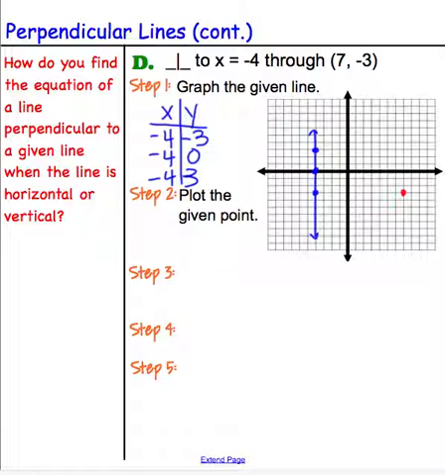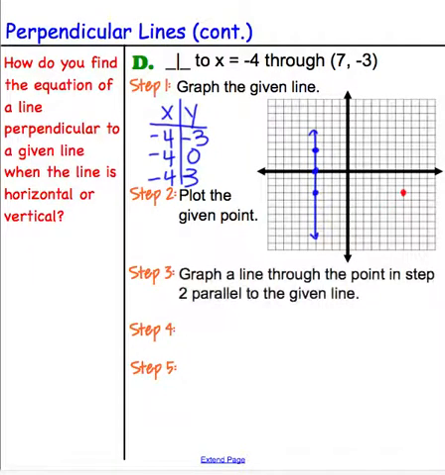So then step 3 is going to be to graph the line through the point that is, I apologize, not parallel, perpendicular to the given line. And so when I do that, it is perpendicular, which means it's going to be at a right angle. So if it's vertical now, our perpendicular line is going to be horizontal. So I've just drawn my horizontal line.